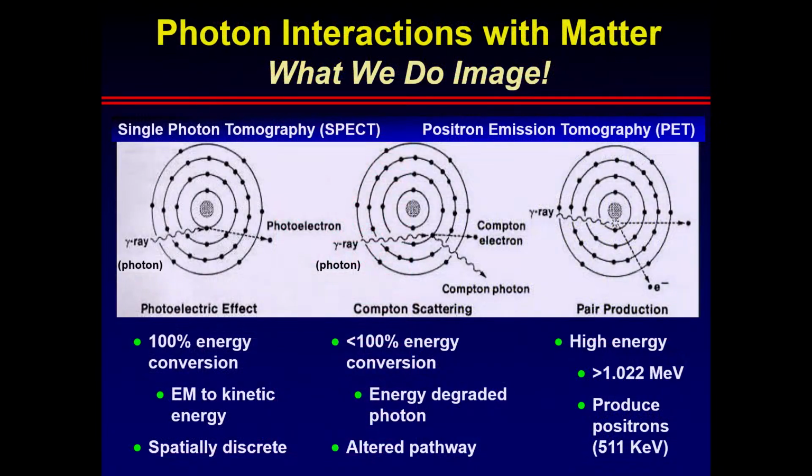So of those things that we image, what we really base everything on is the photoelectric effect, both in tissue and in crystals, having absorption of an X-ray emission to create an image. And the other thing that happens in tissue and in crystals is what we call Compton scattering.